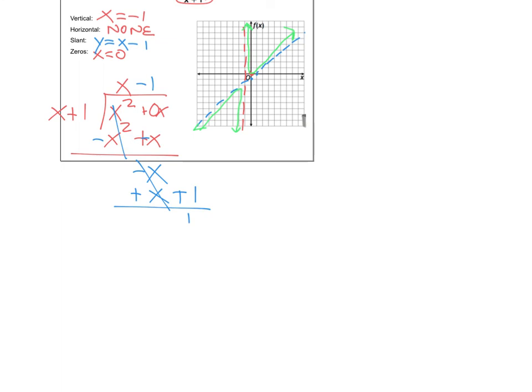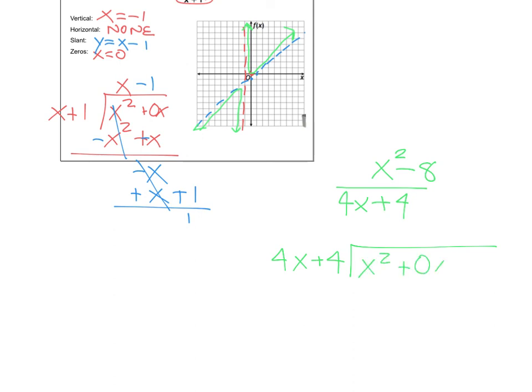So if we had something like this, x squared minus 8 over 4x plus 4, and you had to do your polynomial long division, I'm going to leave a spot for that plus 0x, and then I have my minus 8. So I want that placeholder in there.